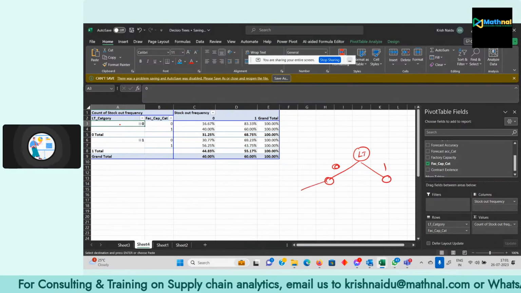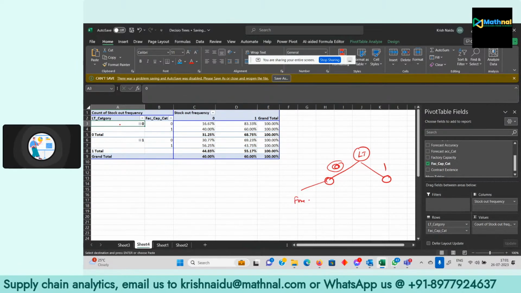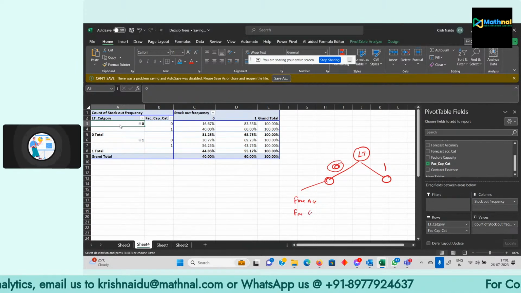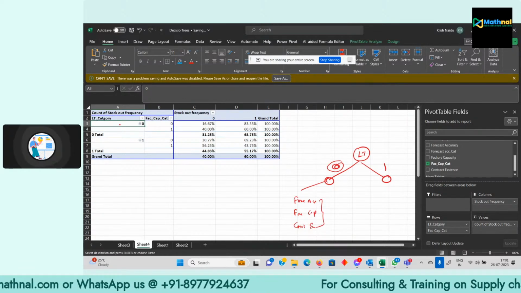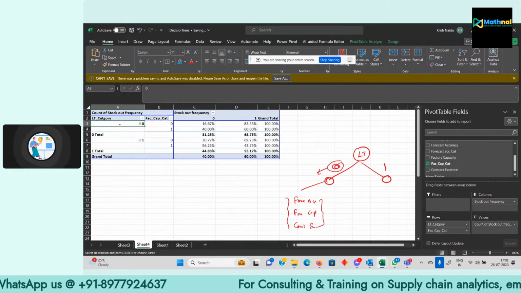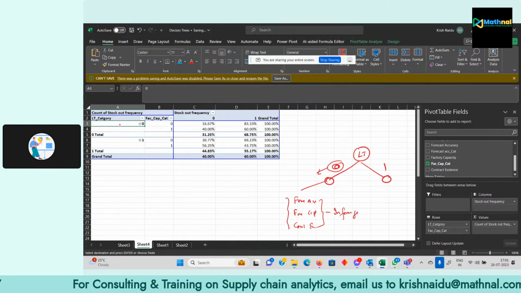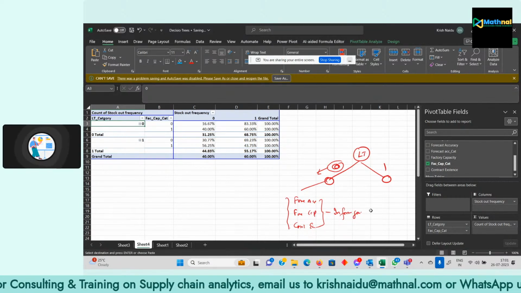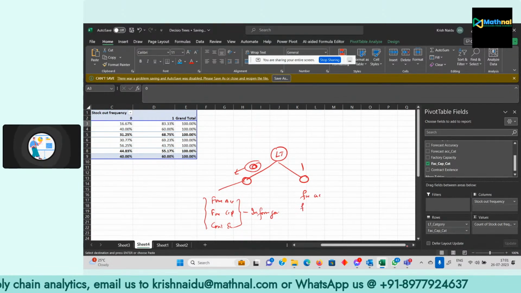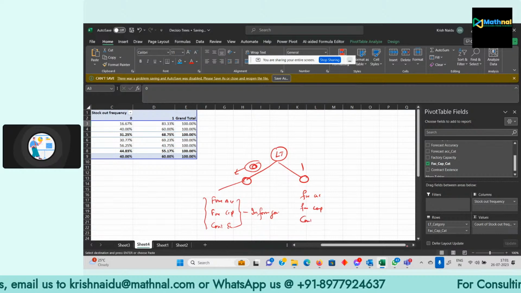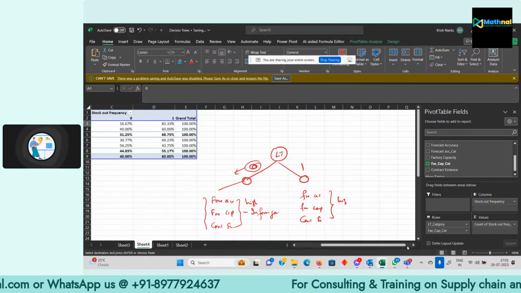Now our second node we'll build within 0 and within 1. Within 0, we have to choose among the variables forecast accuracy, factory capacity, and contract existence, which one gives the highest information gain?